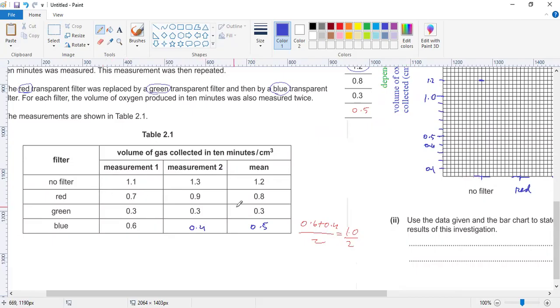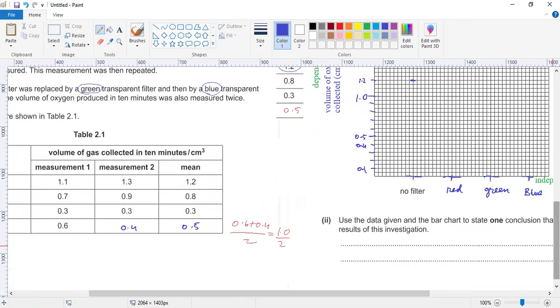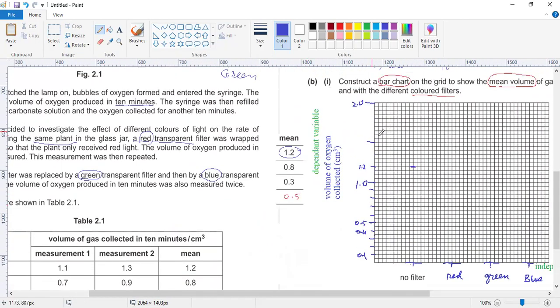So for red, it was 0.7 and 0.9. So the mean was 0.8. So where is 0.8? This is 0.9. This is 0.8. So this is the line. You can use your scale, put the scale over here, then you can mark the point.